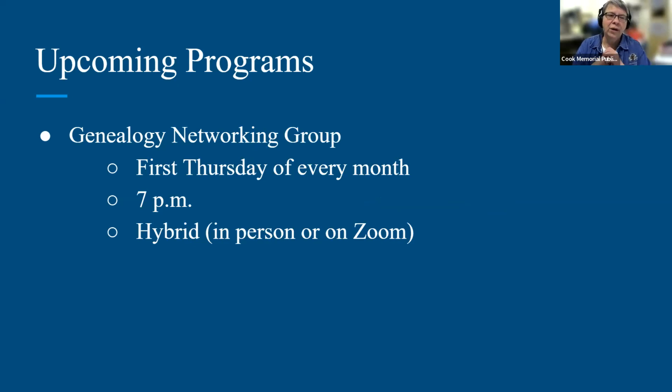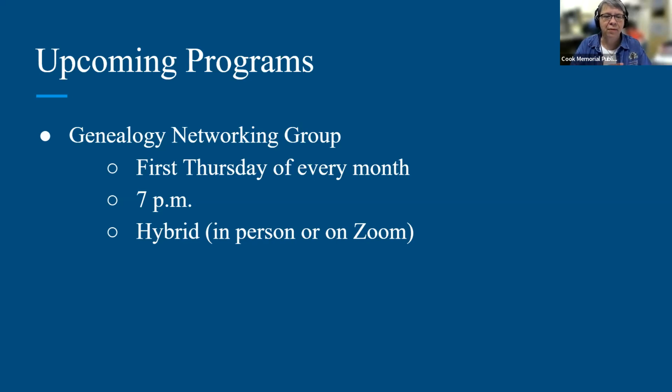Also, we have an ongoing networking group called the Genealogy Networking Group, which anyone is invited to join. It's just what it says. It's a networking group where we meet together on the first Thursday of every month at 7 o'clock. And we share what we're researching. Every once in a while, we usually all have something new to share, or maybe dive into one of the library's databases.